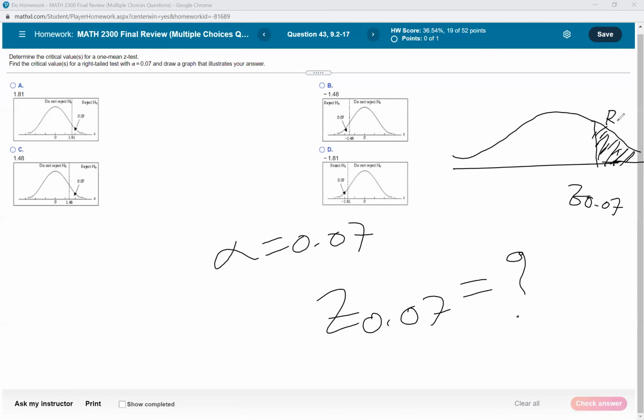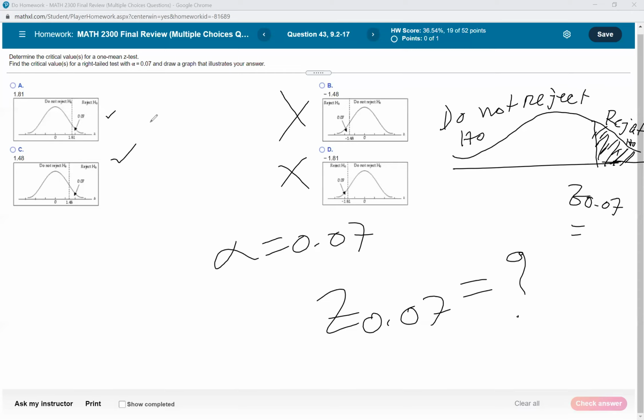So this is our rejection region, reject H0. And this one will be do not reject H0. And this is the critical value. So the other graph is not correct; you have to choose either this one or this one.